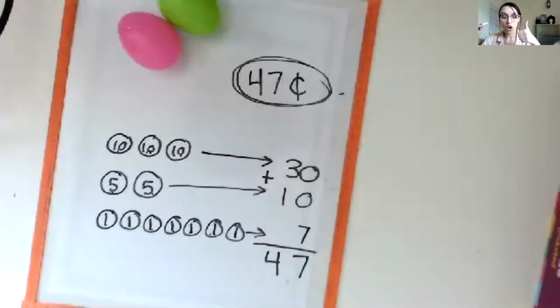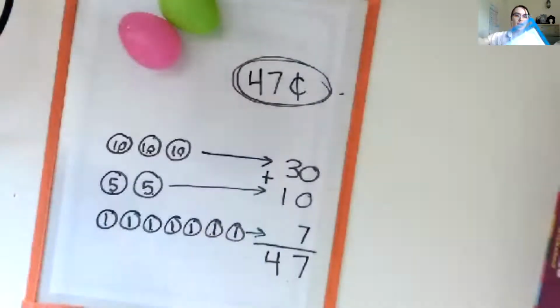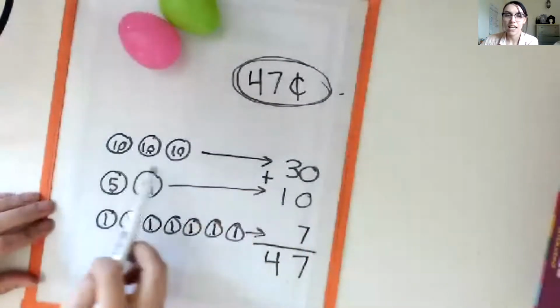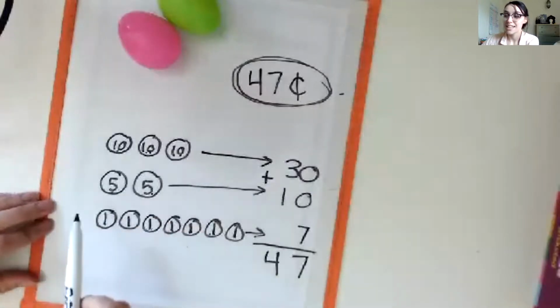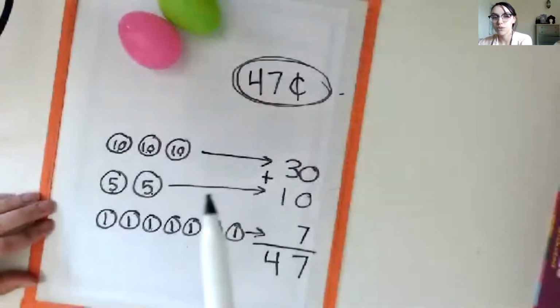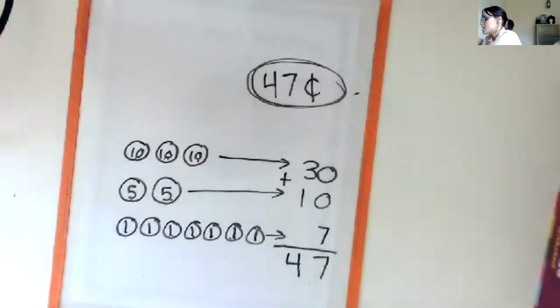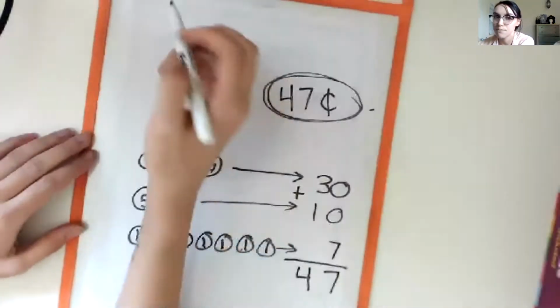We finished the R in RDW when we read the problem together. And we also did the D in RDW when we drew our picture of our coins. Now it's time for the W in RDW. So to go with our answer, we would need to explain what this 47 cents means.